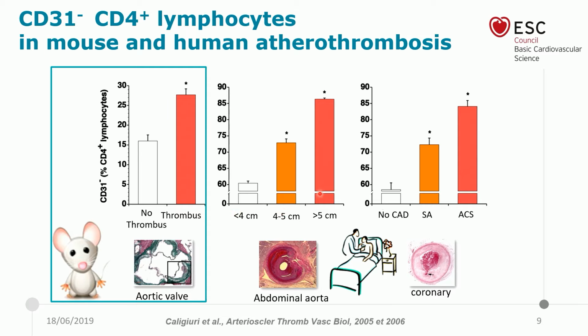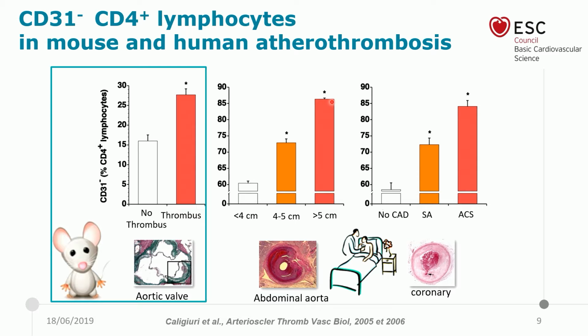And you see that the number of CD4 T cells that had lost CD31 in their blood was increasingly higher in parallel with the severity of the disease. So this must not be a good thing, to have CD31 negative T cells in the blood.